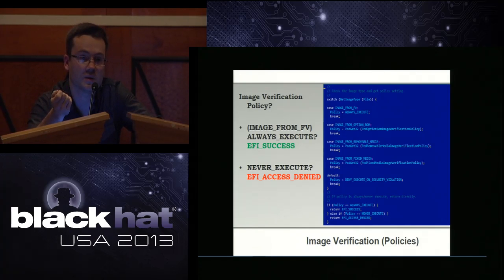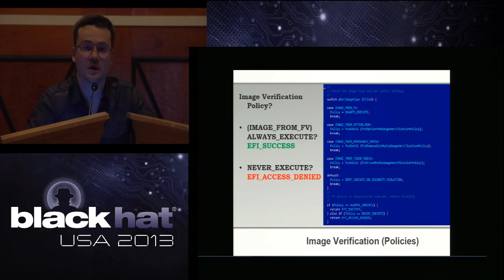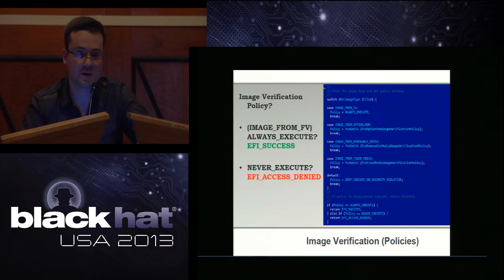Again, if the image is from the embedded firmware volume, it just says, hey, I don't care, load it, I rely on the secure update. Or if it's in fixed media, then it takes the policy and applies it. If the policy says always execute, it just returns without any checks. If the policy says deny execute, it prevents the image from loading, again without any checks.